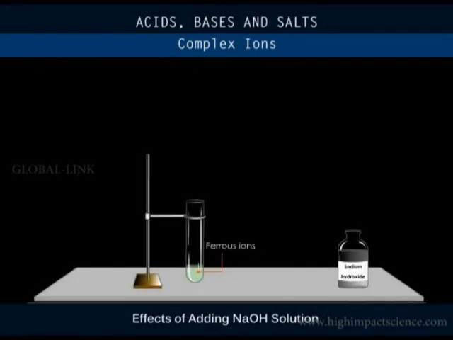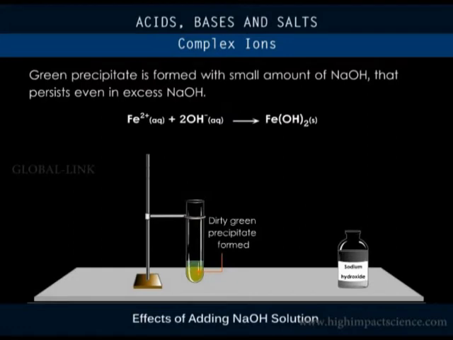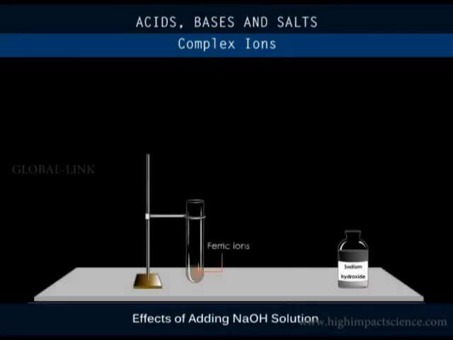And now a solution of iron-2 ions. We add a small amount of sodium hydroxide. A green precipitate is formed. The precipitate does not dissolve even in excess sodium hydroxide. Next is a solution containing iron-3 ions.